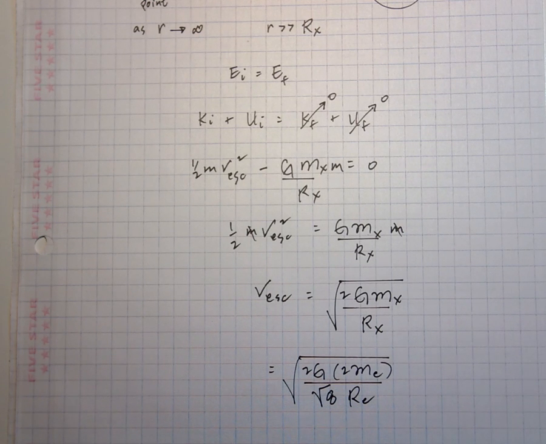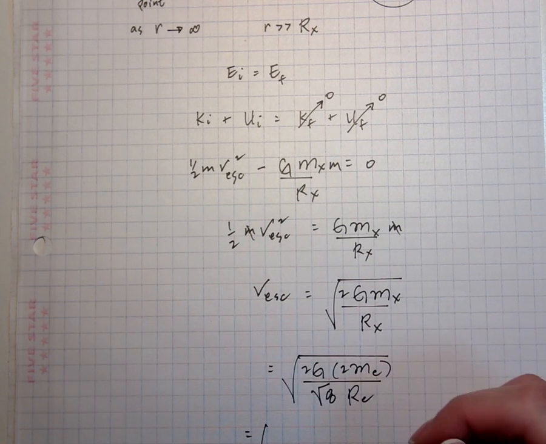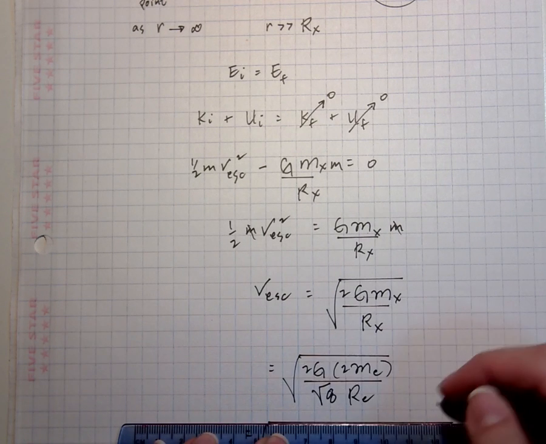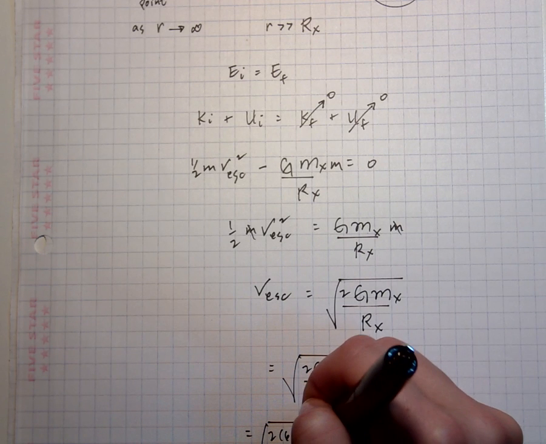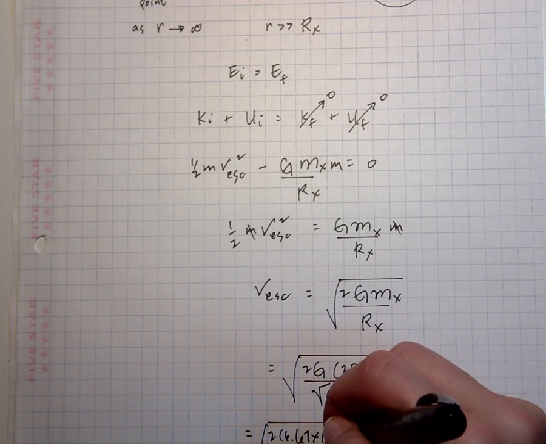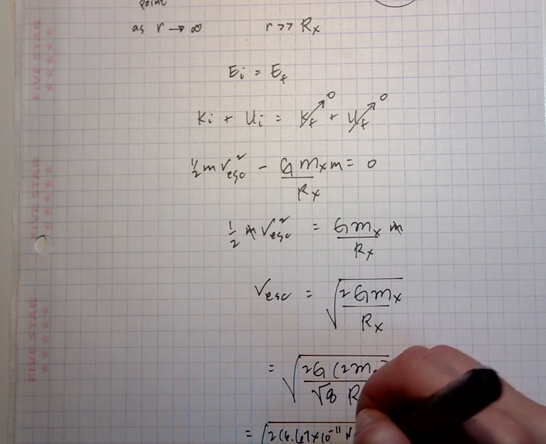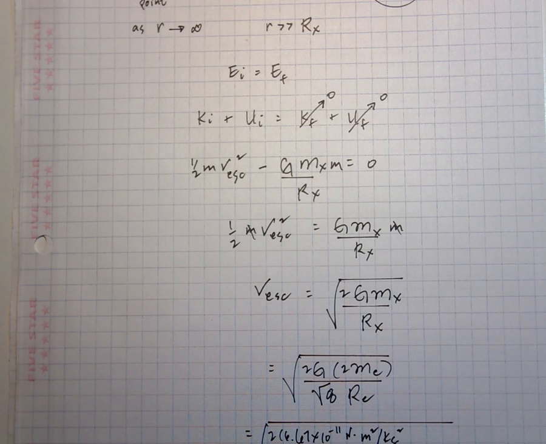And so now if we plug in, it's the square root of 2 times 6.67 times 10 to the minus 11 newtons times square meters over kilograms squared.